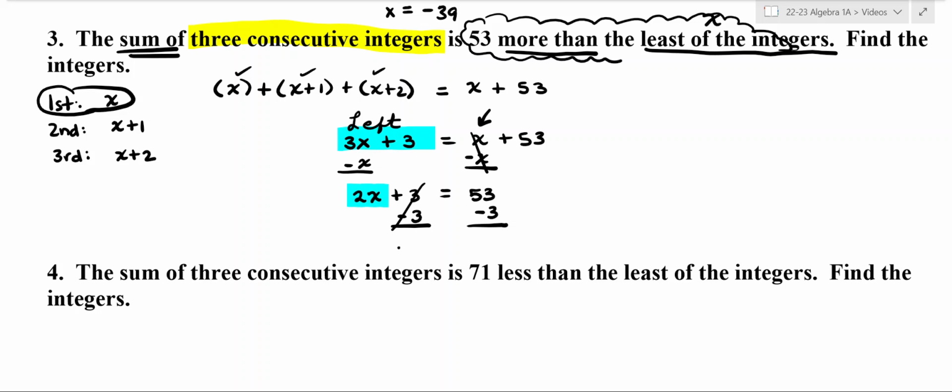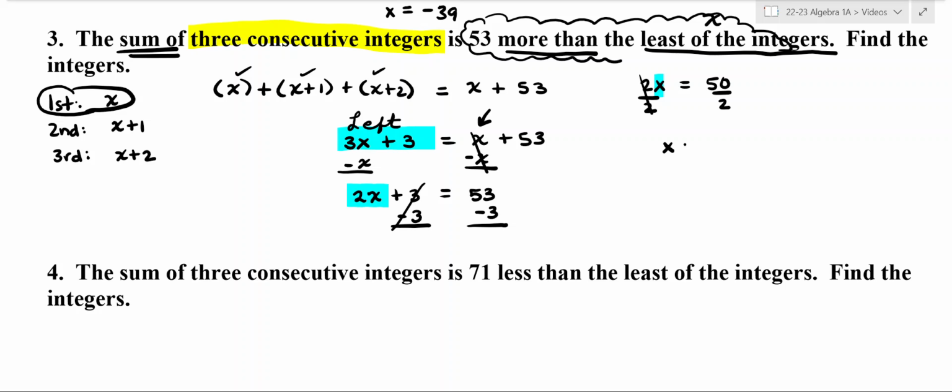So now we really do have 2x equals, since it's not going to fit, I'm just going to continue over here. 2x equals 50, right? Because 53 minus 3 is 50. All right, and then now we just want the x. So we're going to divide both sides by 2.